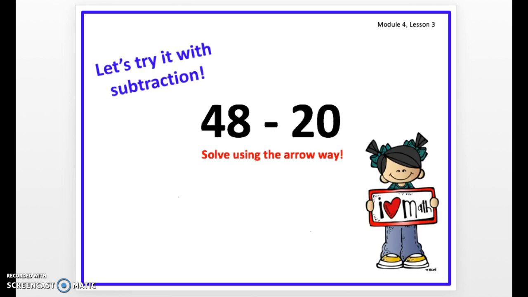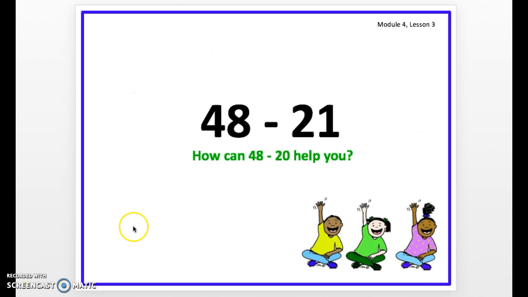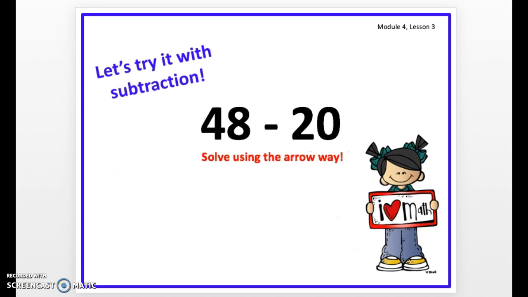All right, let's see. I want you to practice solving this number the arrow way. Write 48 minus 20 on your board. And I want you to solve this using the arrow way. So what would you do? How would you solve this?